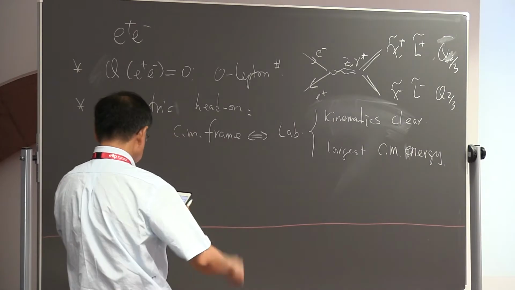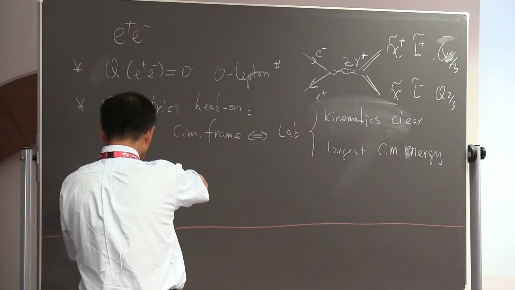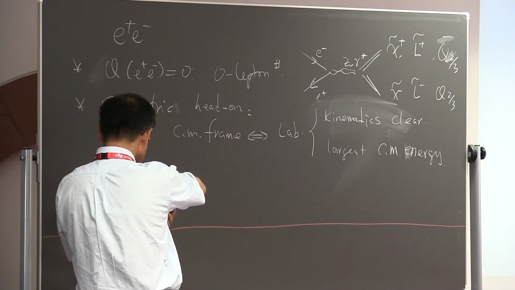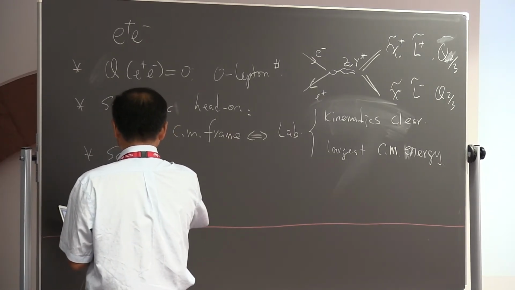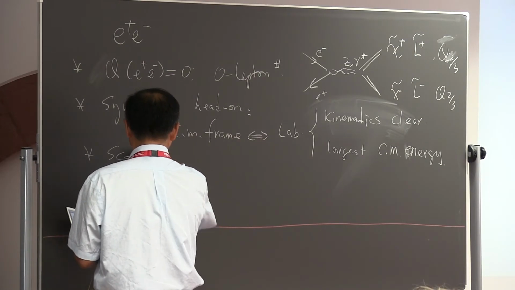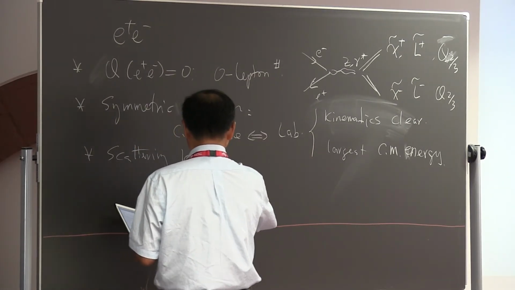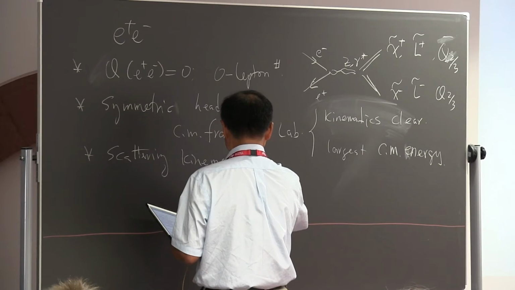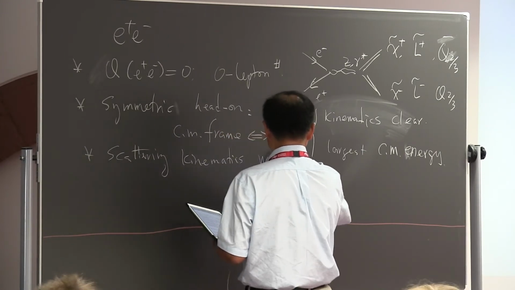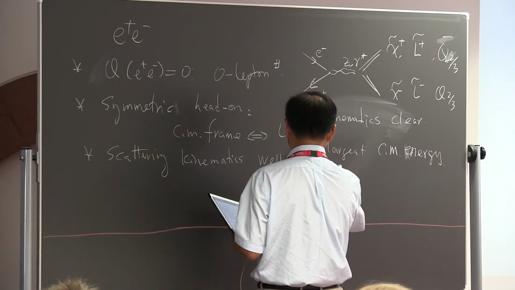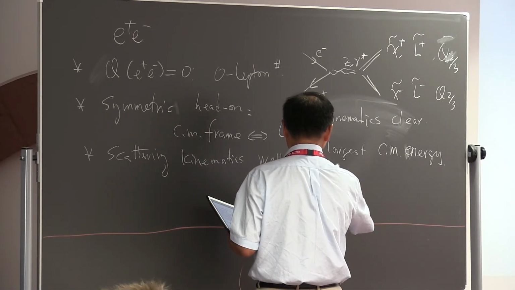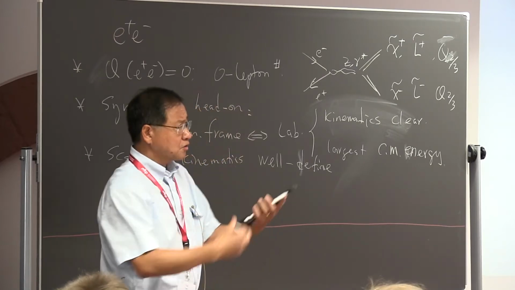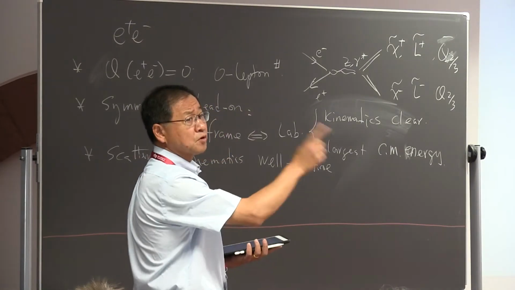Now, with the well-behaved beam properties, we understand the beam polarization and so on and so forth. The scattering kinematics is well defined, the best defined you can hope for. For outgoing two particles, there's only one polar angle.